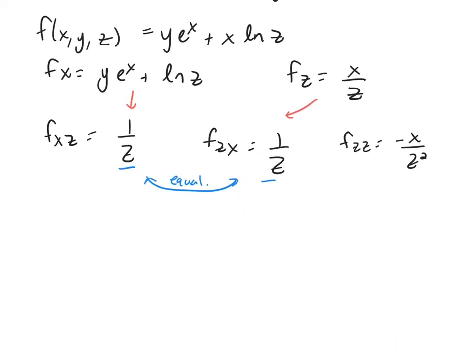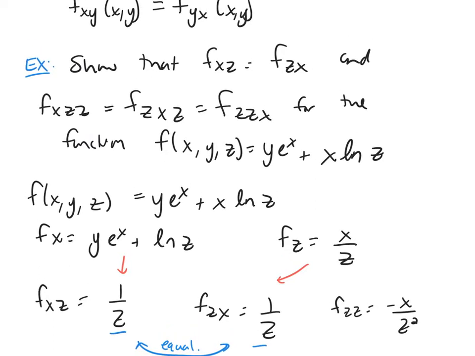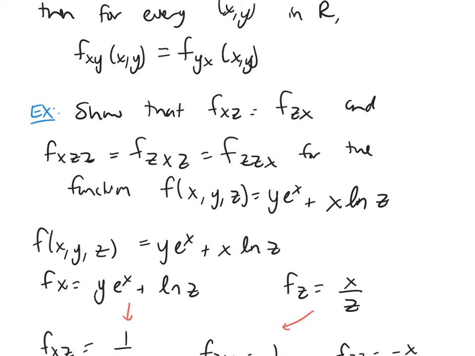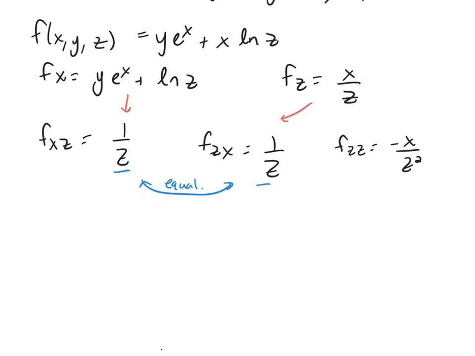Okay, and then from here, looking back at what we need to do, we've already done this part here, but we still need to do this part. So I'm going to take this one and find fxzz, take the derivative with respect to z, negative 1 over z squared.